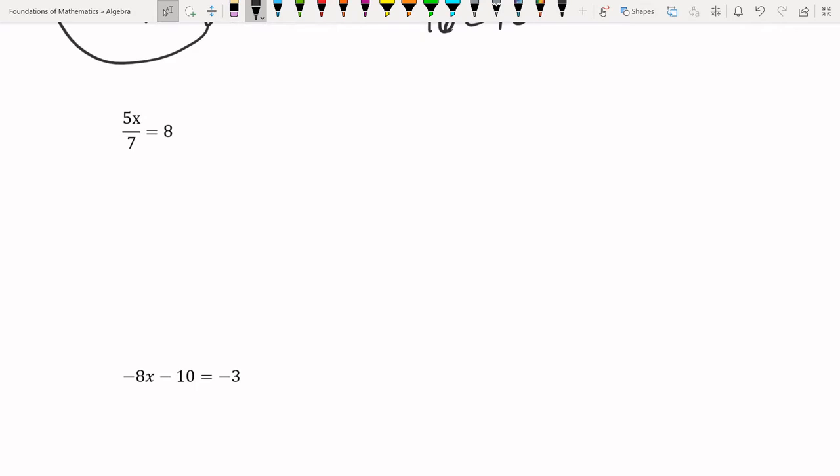5x over 7 equals 8. I'm going to first get rid of the division by multiplying. I like to work left to right. Typically it saves me more space, so I'm going to do that. But you can work top down. That's fine too. But you'll see that this cancels and we get 5x equals 8 times 7 is 56.